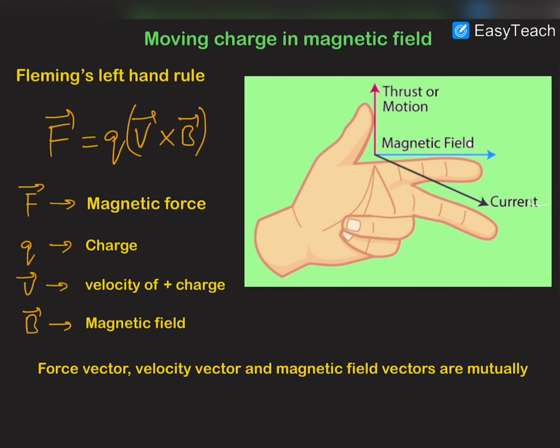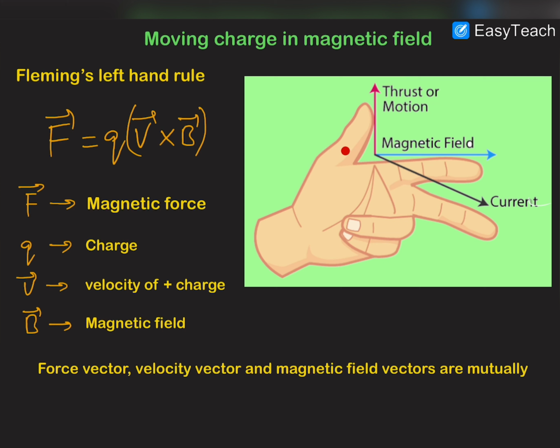Now let us discuss Fleming's left hand rule, which we have already studied in class 10th. We have already discussed this rule for calculating the force on a current carrying wire, but we are applying this rule to calculate the force acting on a moving charge in the magnetic field.